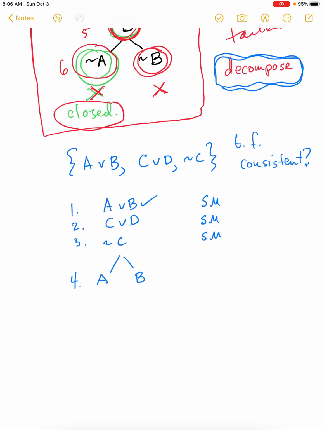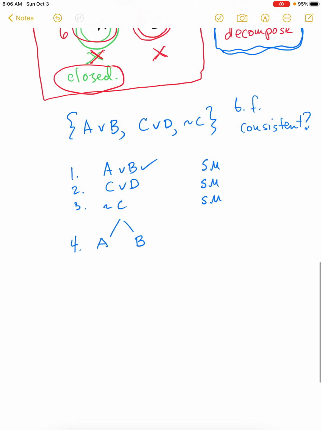Again, in this right-hand column, I'm going to indicate where that line number 4 came from. And line number 4 comes from the first rule that I'm going to write down, which is called disjunction decomposition. Let me write it down here. Disjunction decomposition, and I'm going to abbreviate it as that.